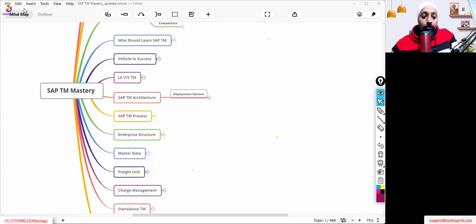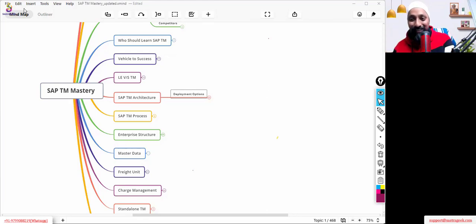Is it a good idea to move from standalone TM to embedded TM? That's a question from Supreet. Supreet, I would be answering that question. I just showed the deployment options I would be talking about. So standalone TM has a different requirement and embedded TM has a different requirement. Now there's one more confusion that has come up. There's TM 9.6 as a standalone, and there is SAP S/4HANA embedded TM.